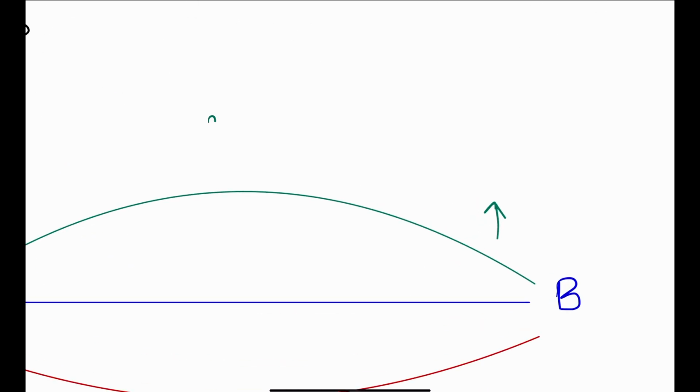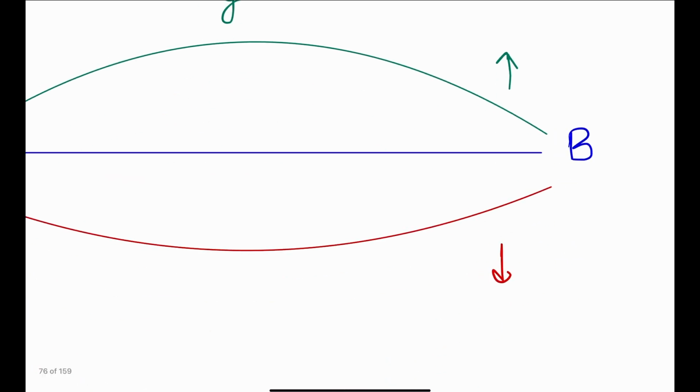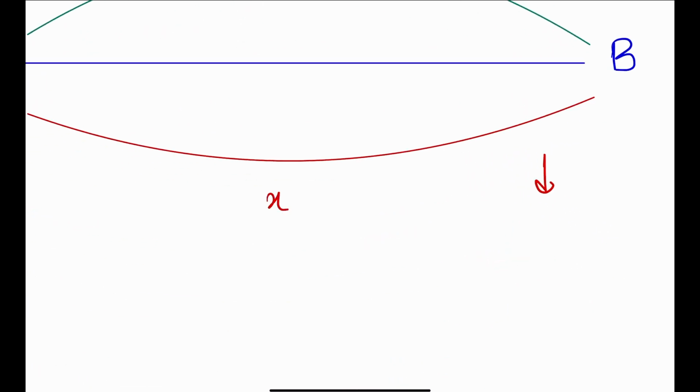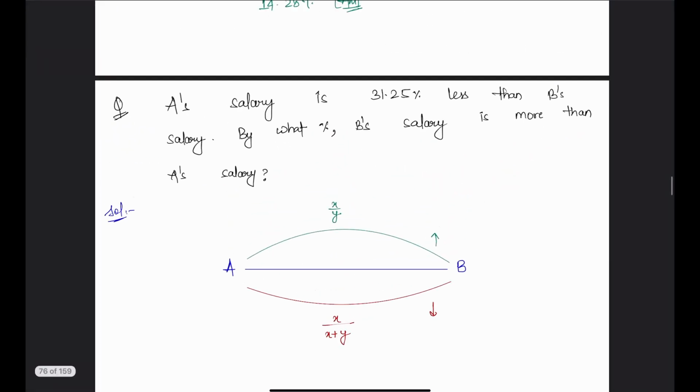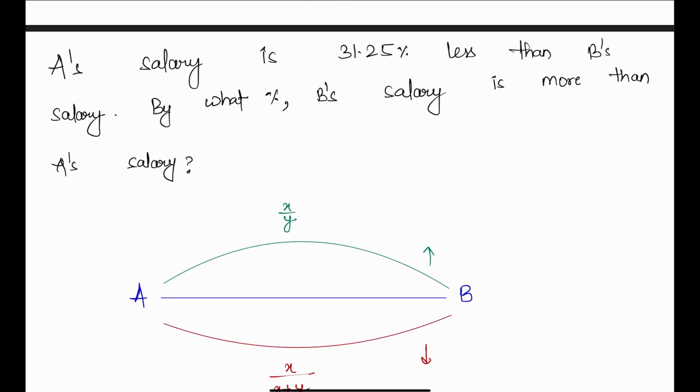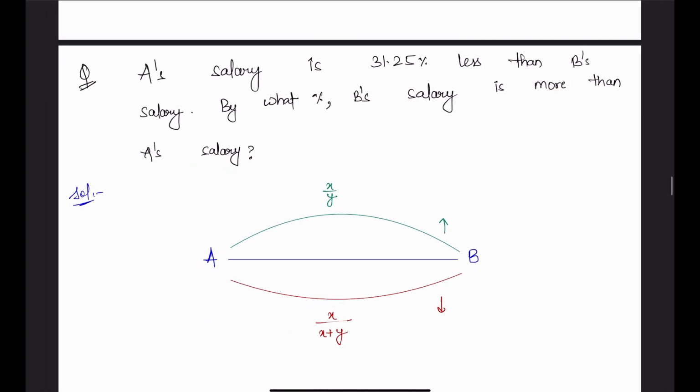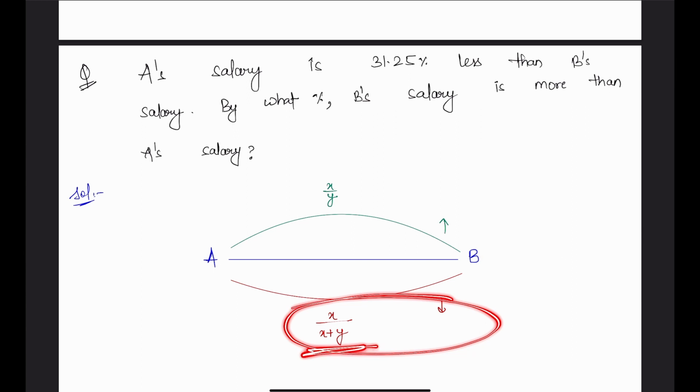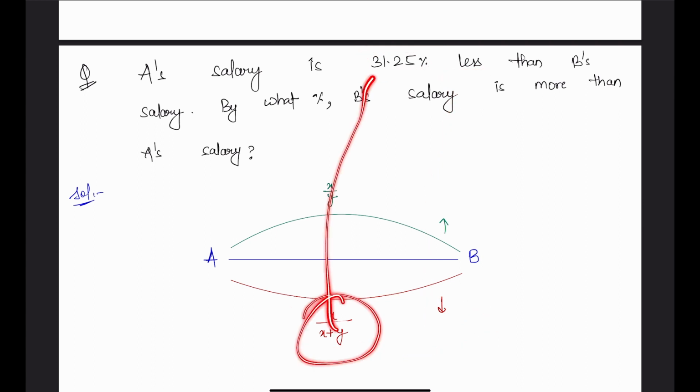If it is more it will be in the form of x by y, and if it is less it will be in the form of x by x plus y. A's salary is 31.25% less than B, so the fractional value x by x plus y will come from here.